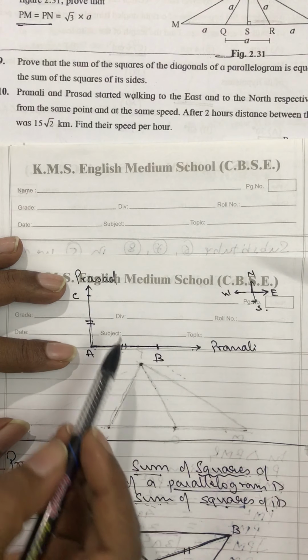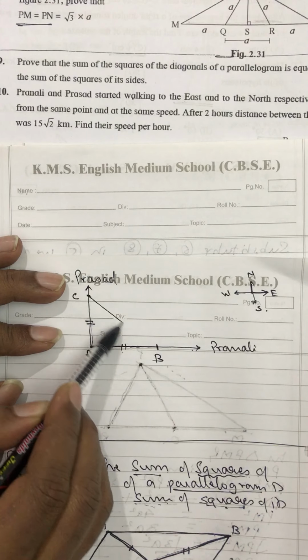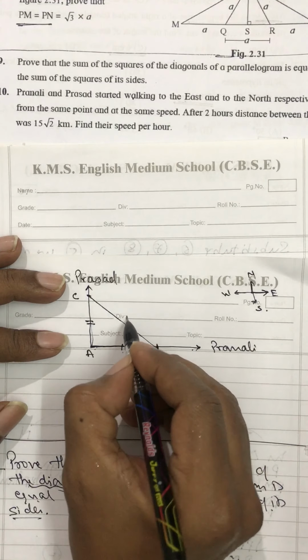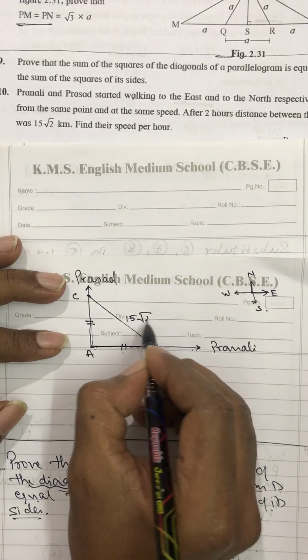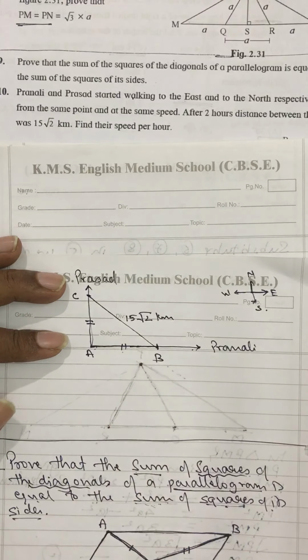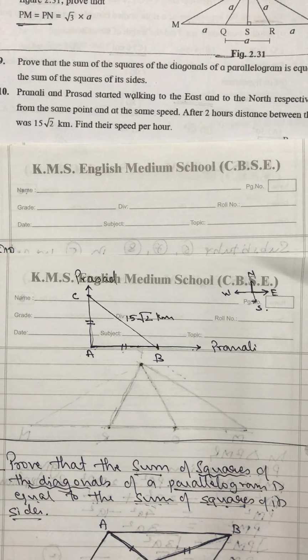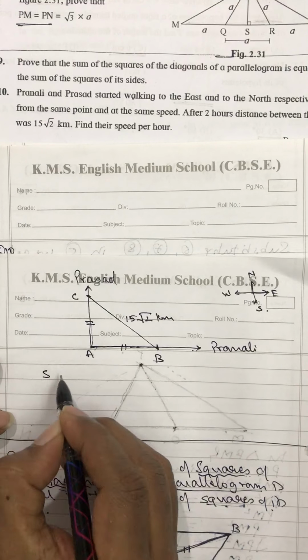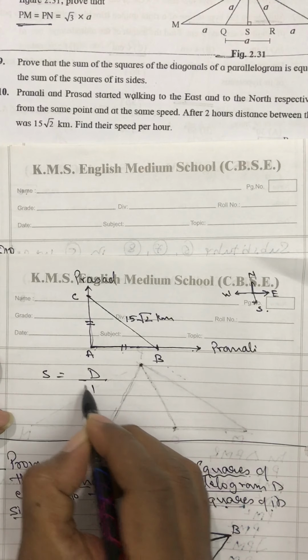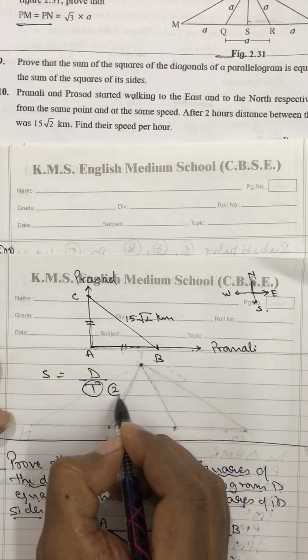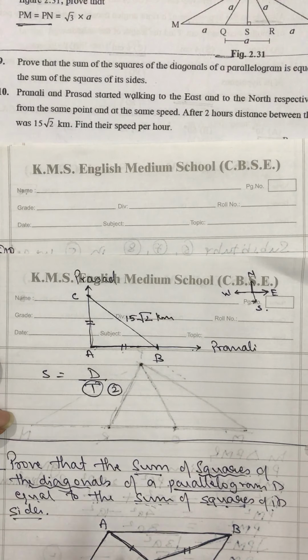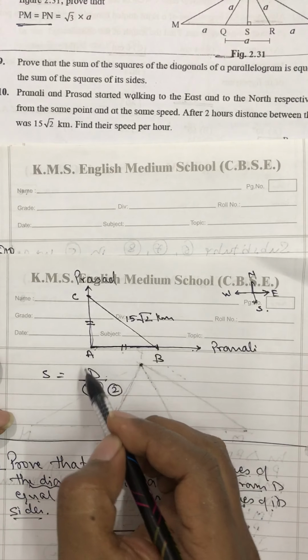After 2 hours, the distance between them, this distance, is 15 √2 kilometers. Find their speed per hour. Basically we have to understand what is the distance. See, the formula for speed is distance upon time. Time we know is 2 hours because they traveled for 2 hours. We have to know the distance. That means AB we have to know.